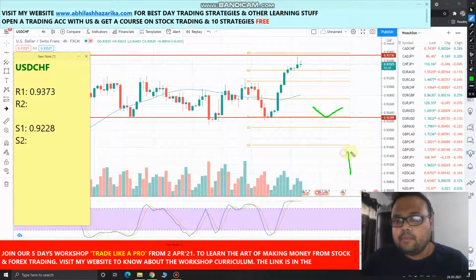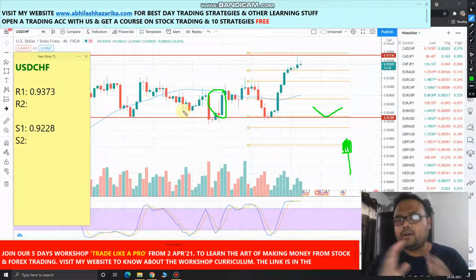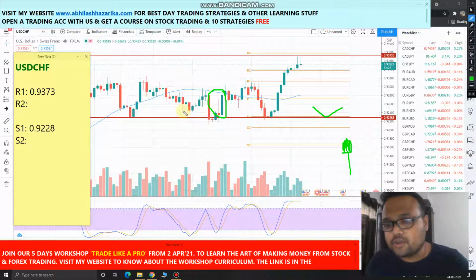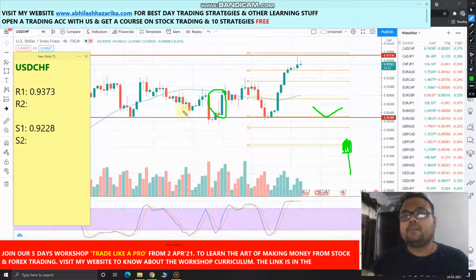The confirmation can be in the form of a hammer kind of pattern, or a big green candle like this, or a bullish engulfing pattern, Marubozu, or any indicator of your own choice. Once you get a confirmation that the price is not going down further and this level is a valid support for the market, then you can go ahead and place the buy order.